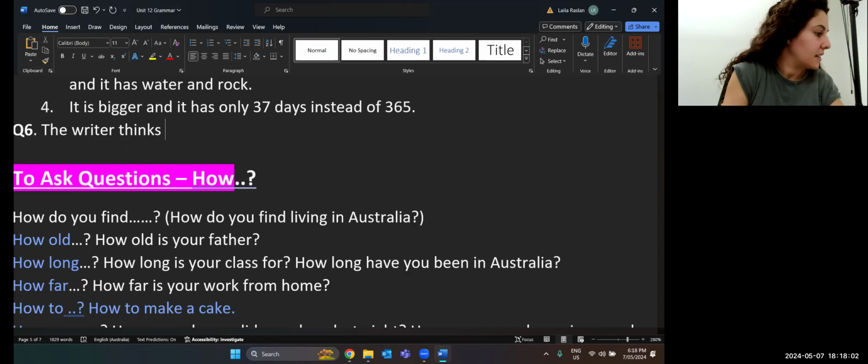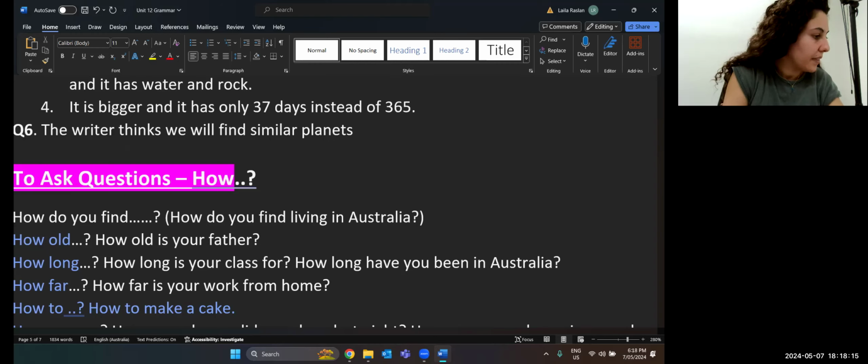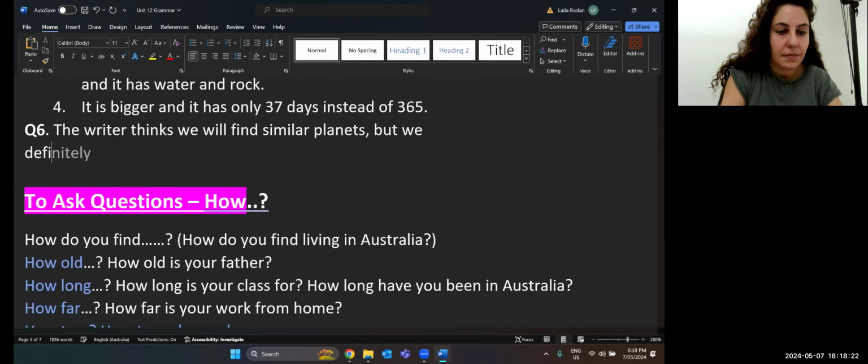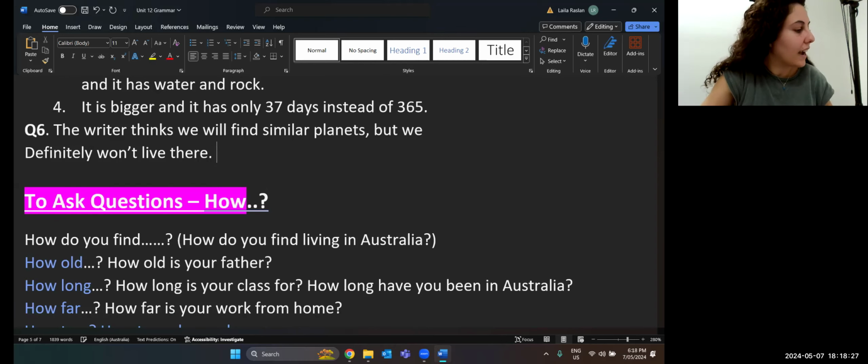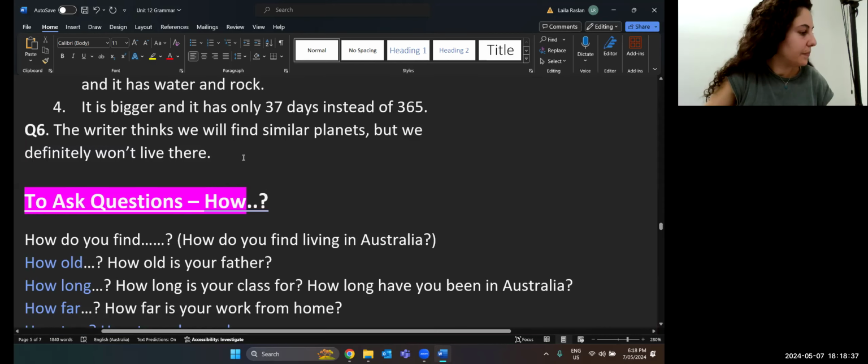So he thinks we will, using the future simple, we will find similar planets in the future, but we definitely won't live there. So negative, won't live there. That's what I think the writer, when I read his article, this is what I feel. Okay, but we definitely won't live there.